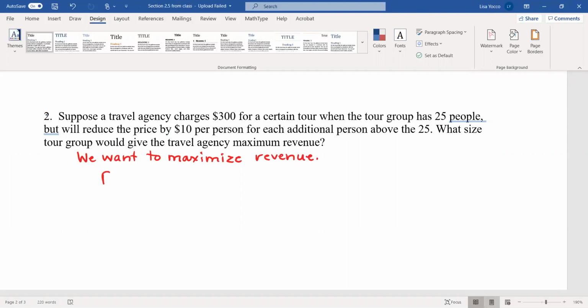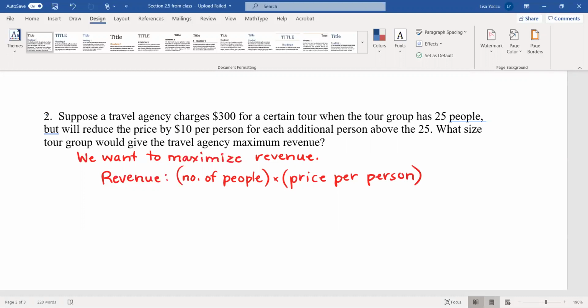All right. So how do they make their money? What do they do to make money? Well, they sell tickets. I guess we'll call it ticket for each person. So the revenue is the number of people in the group times the price per person.